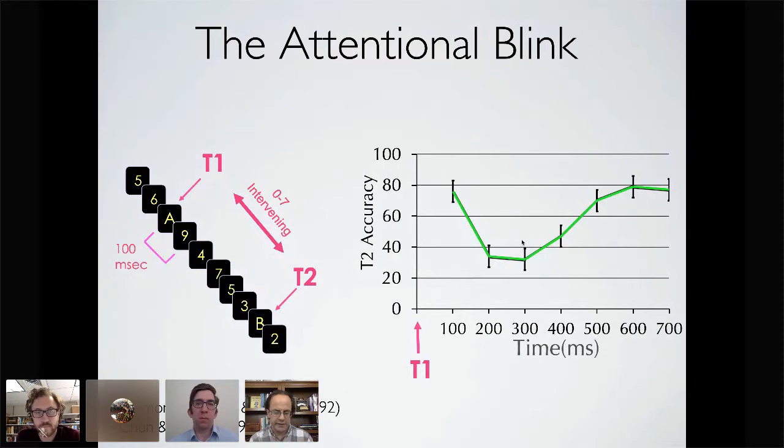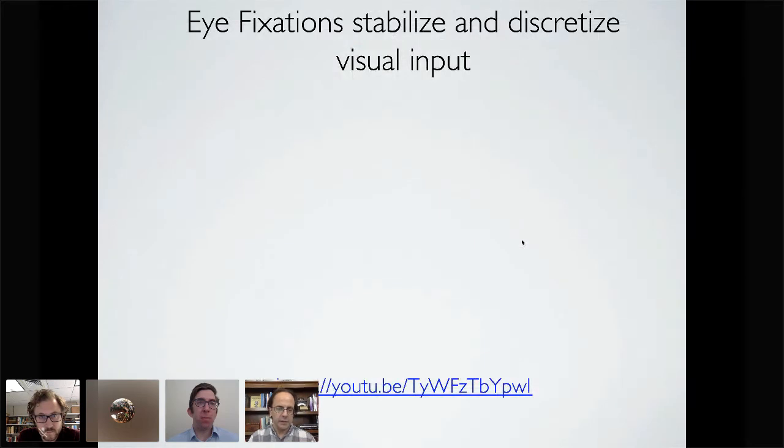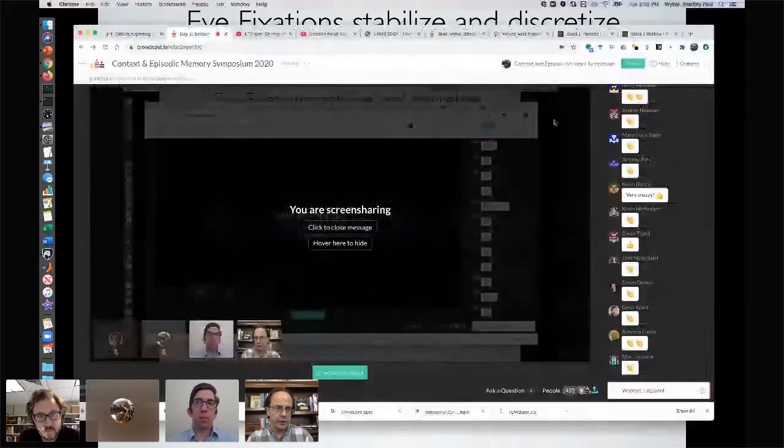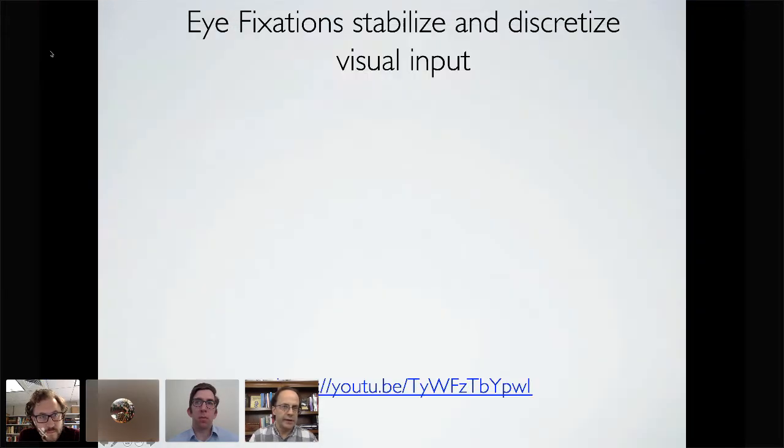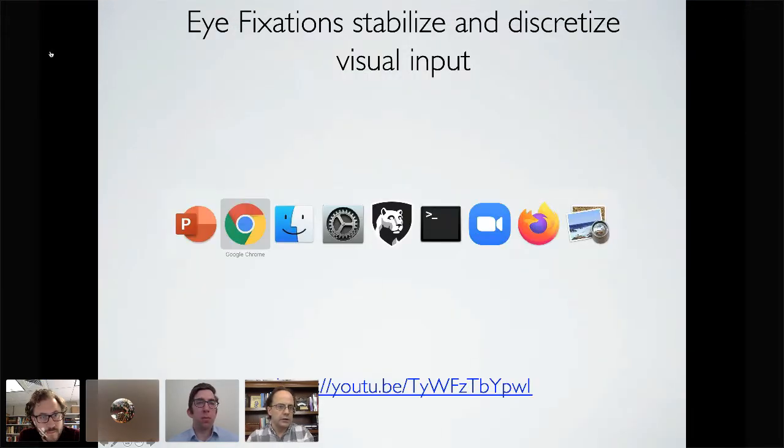So you break things into these little episodic morsels, and that makes the learning process easier and more efficient. Increasingly, we've been thinking about visual fixations as potentially having a similar role. So I'm going to skip over here and play a quick YouTube video. It just exemplifies some of what I've been thinking about.